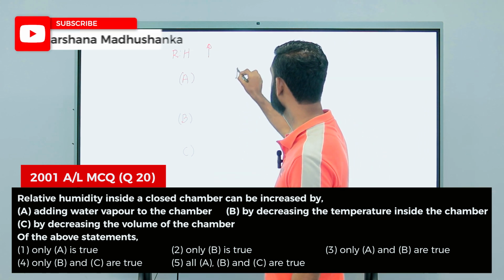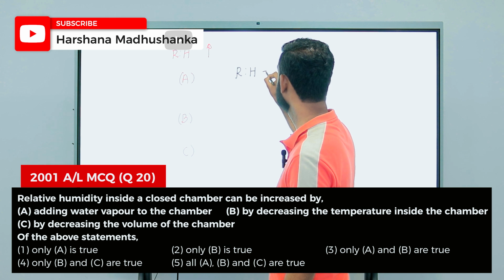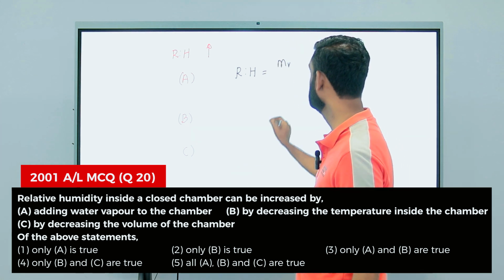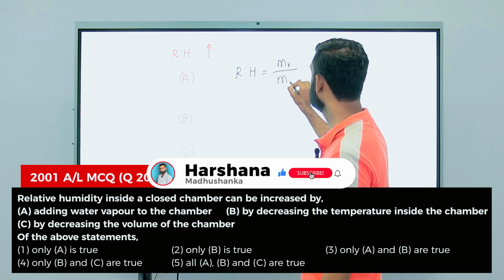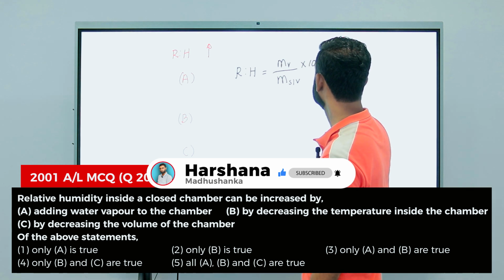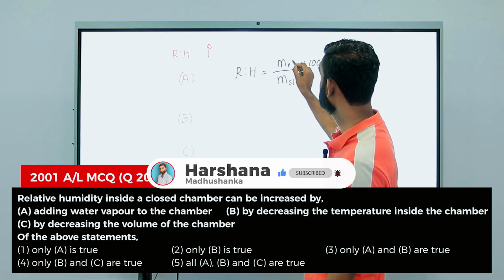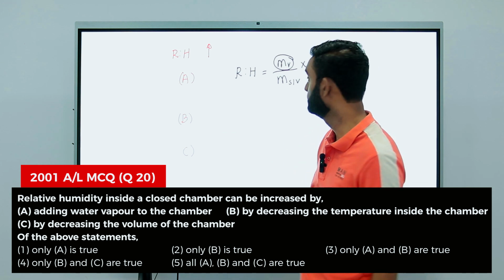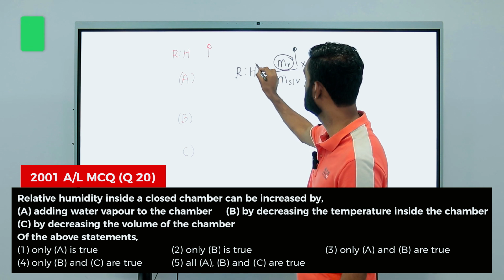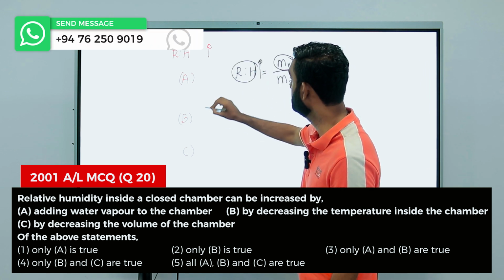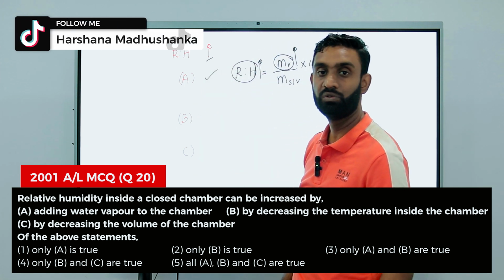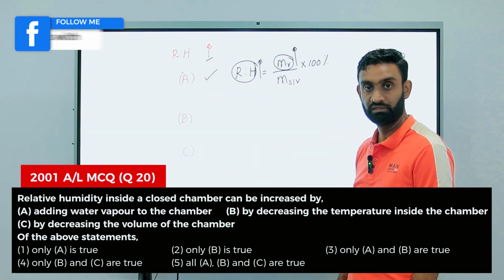One equation is relative humidity is equal to vapor mass at that instant divided by saturated vapor mass, multiplied by 100%. When you add vapor mass, this number is going to increase. As a result, relative humidity increases. We need to increase that. Yes, A is okay.